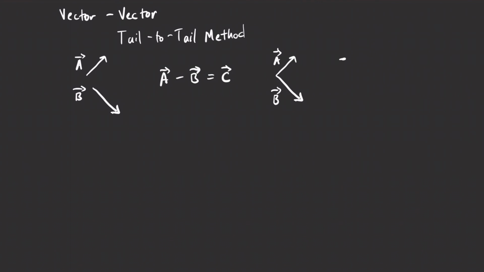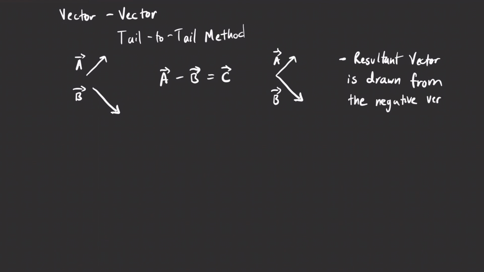So the rule you need to know for this is that the resultant vector is drawn from the negative vector to the positive vector.